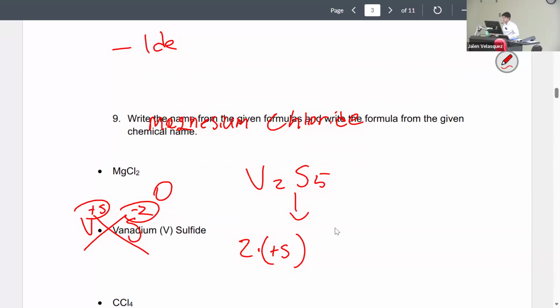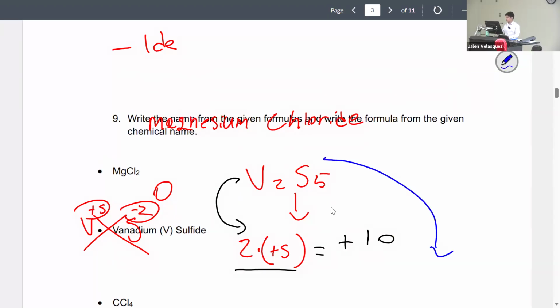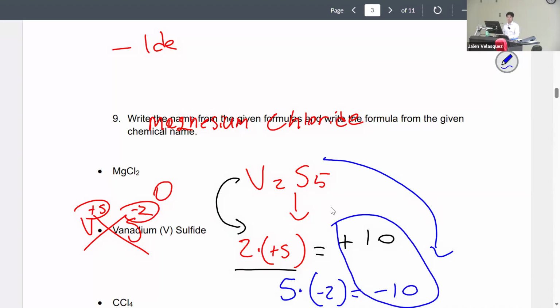Let's do it this way. So this is here for vanadium. What's 2 times +5? +10. Then you take the sulfur and you break that up. You've got 5 sulfurs, and sulfur has a -2 charge. 5 times -2 is -10. Do we agree that +10 and -10 equals 0?